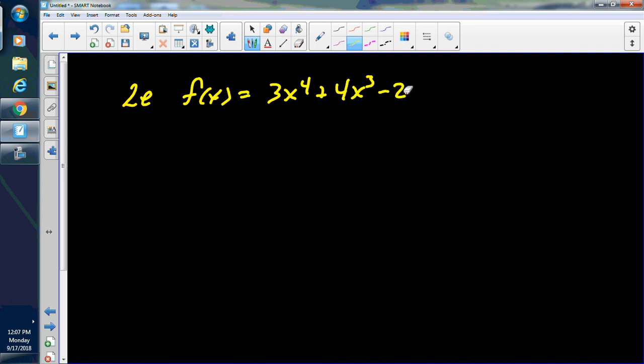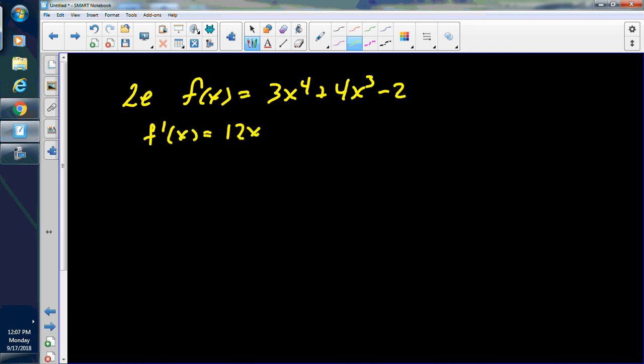And the instructions in E have us do 5 things. Find and classify where the first derivative equals 0, classify all points of inflection, find where the function is increasing and where it's decreasing, the intervals where it's concave up and concave down, and use that to sketch a graph of our function. So let's first find our first derivative.